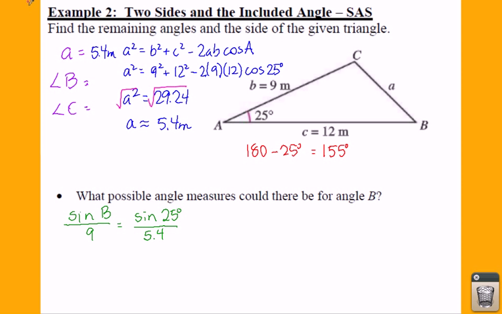That gets rid of the 9 in the denominator over here. So you get the sine of B is equal to 9 times the sine of 25, divided by 5.4.